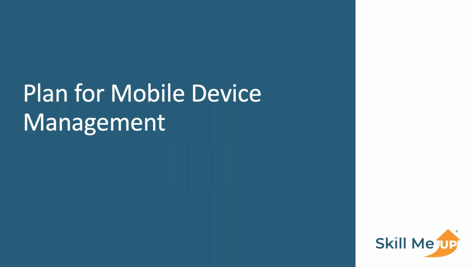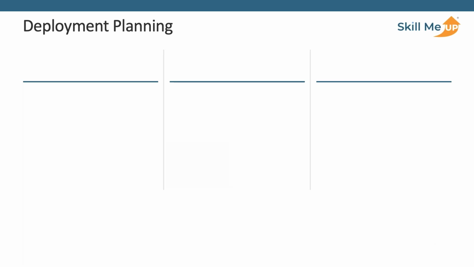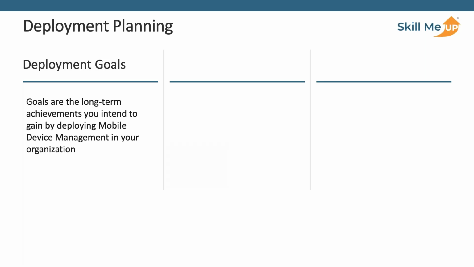So let's talk about planning for mobile device management first. Before any device management configuration is completed, you need to look at defining deployment goals, objectives, and challenges to that deployment process.